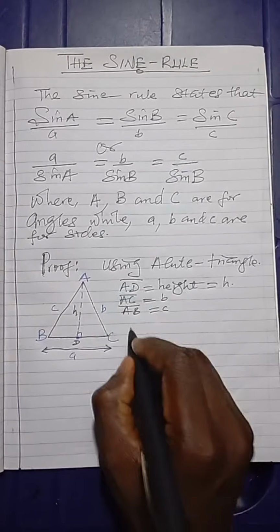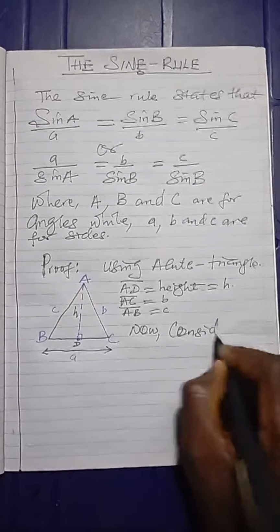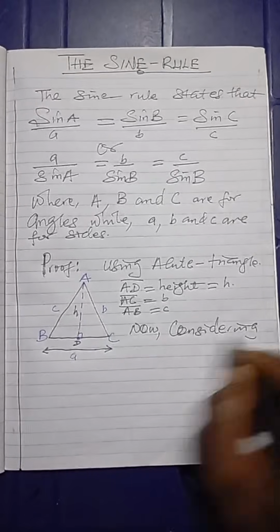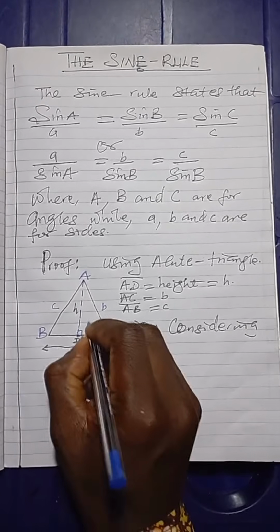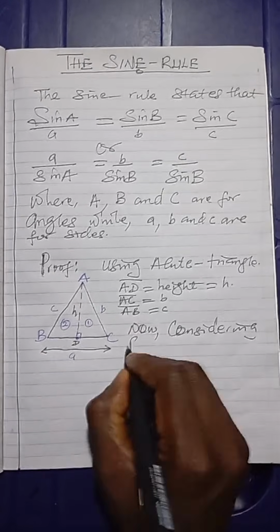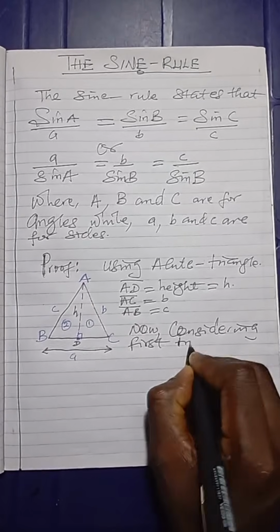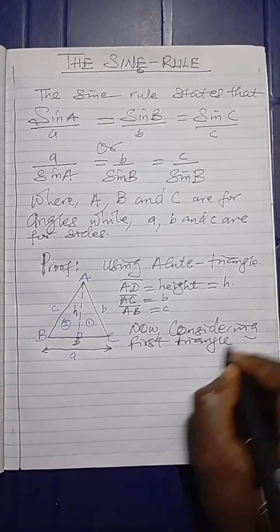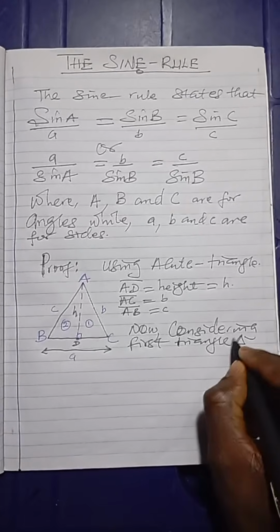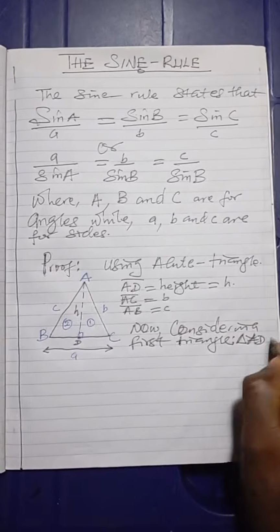Now, remember, this is the first triangle, this is the second triangle. Considering the first triangle, that is triangle ADC.